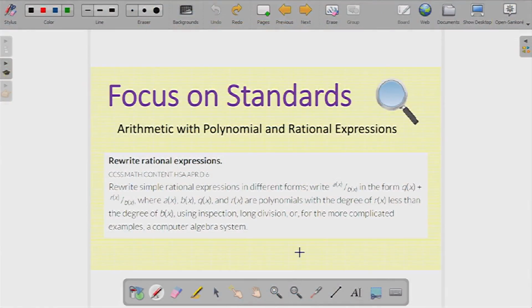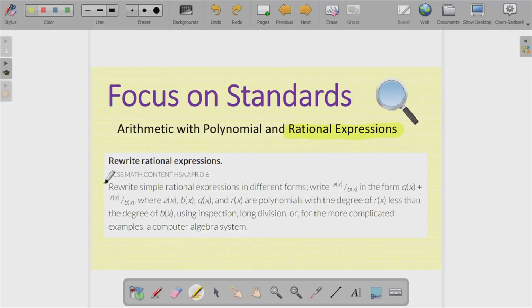Absolutely. Okay, as we maintain a focus on standards, let's go ahead and look at the domain around arithmetic with polynomial and rational expressions. And clearly the focus of this SLT is right here. There's actually a cluster of standards around rewriting rational expressions.